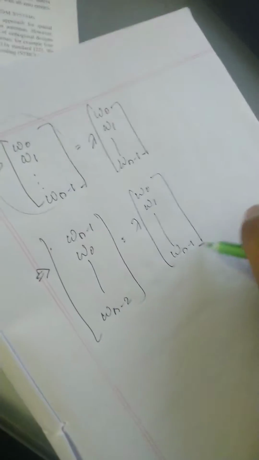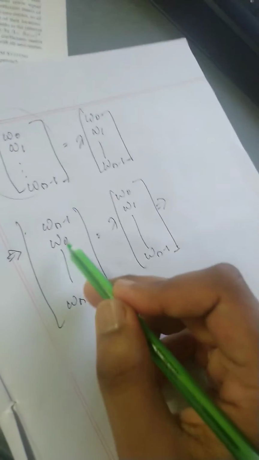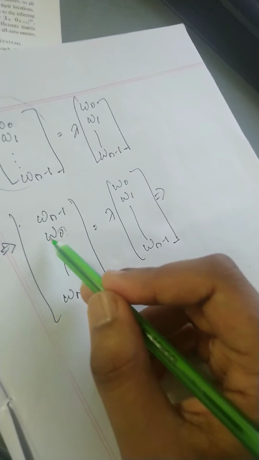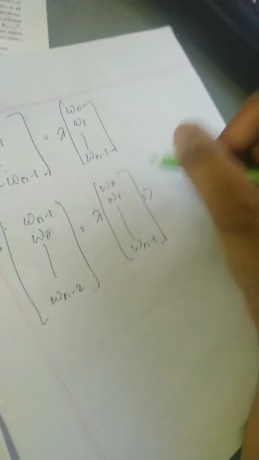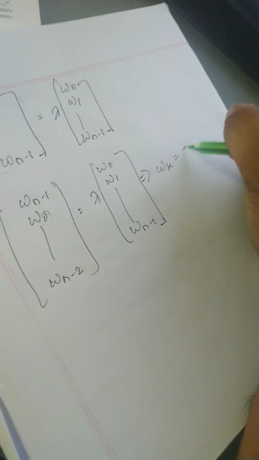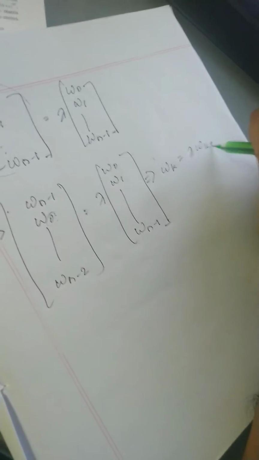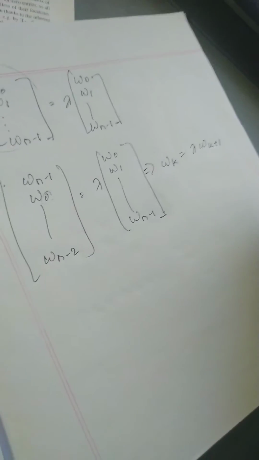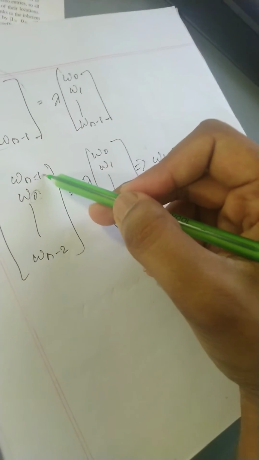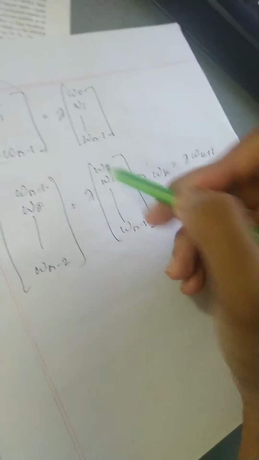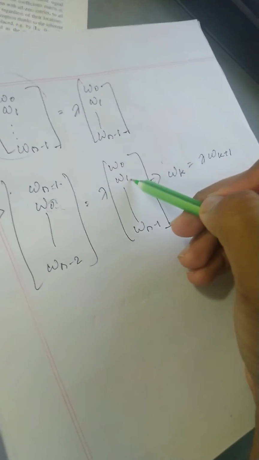So what we can write from here: on the left side, for any Wk we'll get Wk plus 1. For n minus 1 it's n, for 0 it's 0 plus 1, 1.